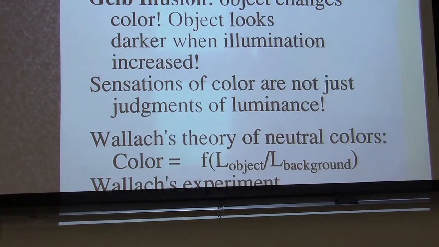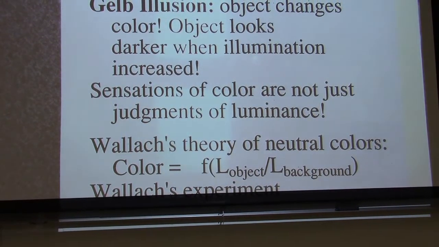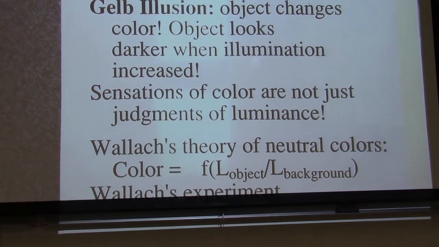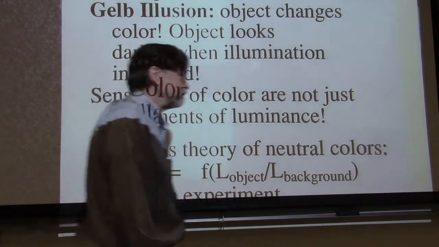So I'm going to need to tell you a bit about luminance and illumination and reflectance. So I have to talk a bit more about the physics of the situation.